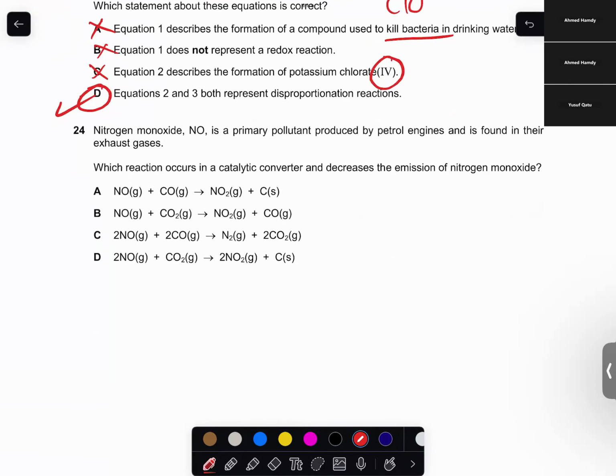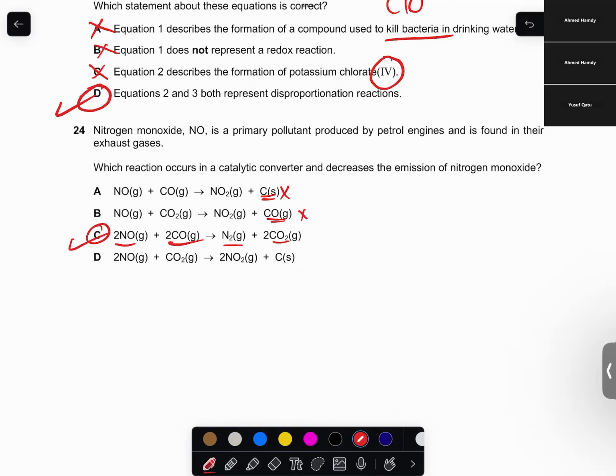Nitrogen monoxide NO is a primary pollutant produced by petrol engines and is found in the exhaust gases. Which reaction occurring in the catalytic converter decreases the emission of nitrogen oxide? Of course in the catalytic converter we don't get carbon, we don't get carbon monoxide, we get carbon dioxide and nitrogen, right? And nitrogen oxide reacts with carbon monoxide.